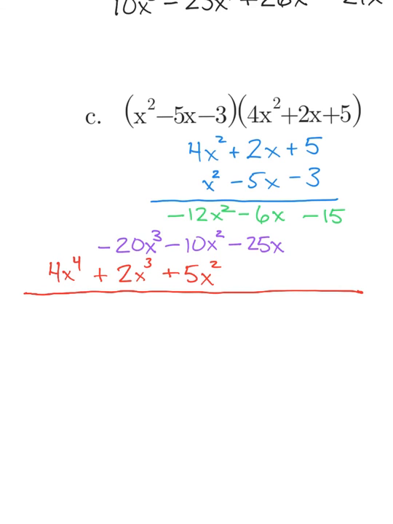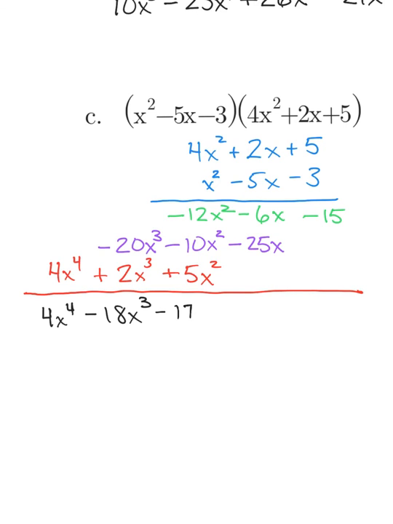So starting on the left, I get 4x to the fourth. Negative 20 plus 2 is negative 18x cubed. We have negative 12 plus negative 10 is negative 22. Plus 5 is negative 17.